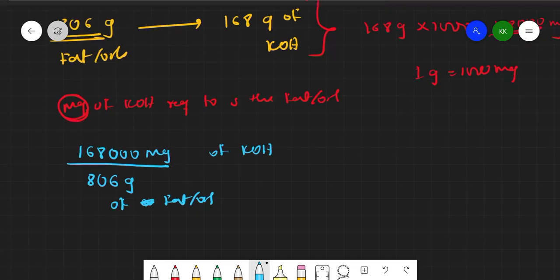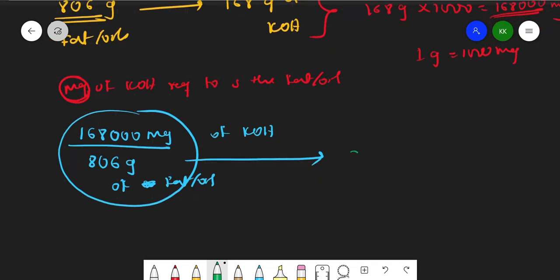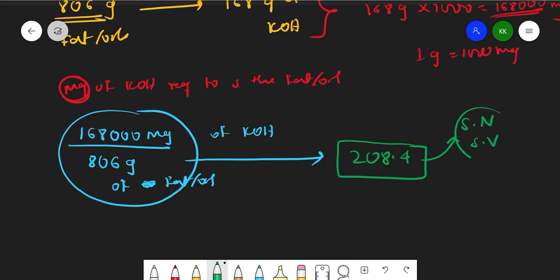So this value gives me the saponification value. If I calculate this, I'll get around 208.4. So this is the saponification value. We call it saponification number or saponification value. All the names are the same, right? I hope you got it.